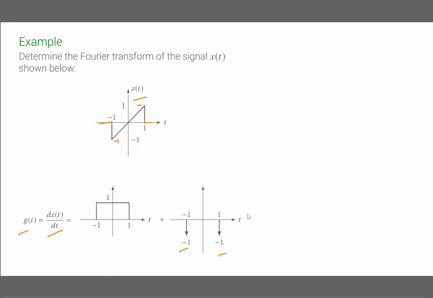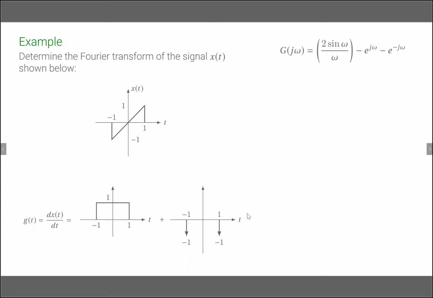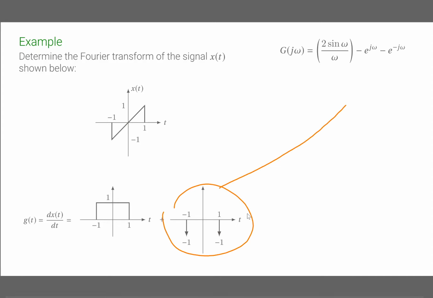So because of that, we have these two impulses of height -1. Therefore G(j omega) is equal to 2 sin omega over omega minus e to the power of j omega minus e to the power of minus j omega, and these two are for these two impulses, and this is for the rectangular parts.